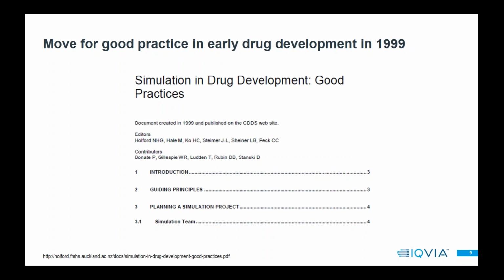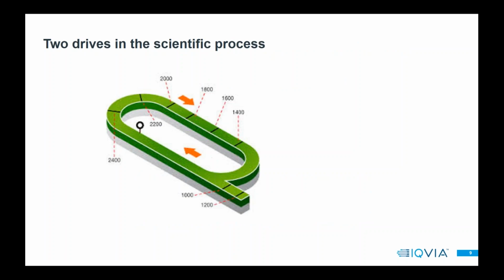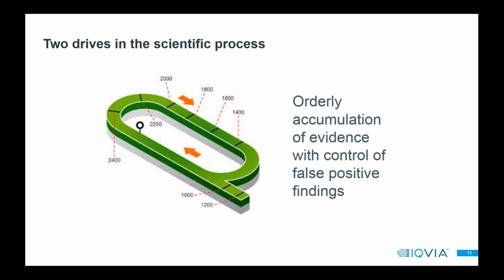You could think of it, broadly speaking, in terms of two directions in the drive to scientific practice. I think of these two drives as something like this. You've got the drive to orderly accumulation of evidence with control of false positive findings, lots of predefined endpoints and so on.